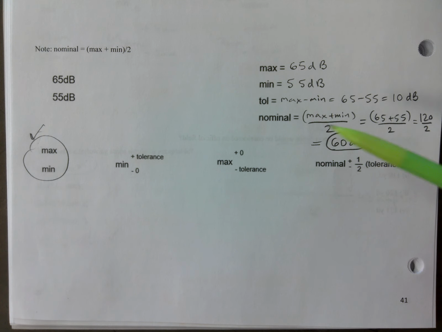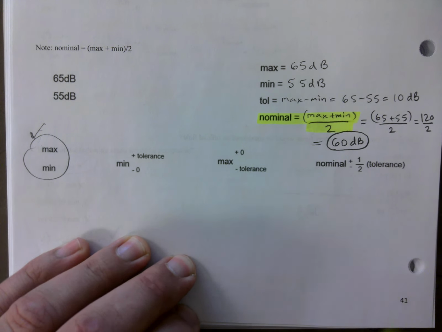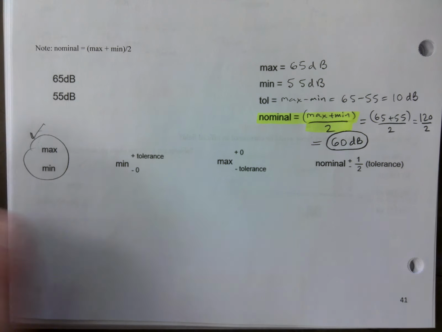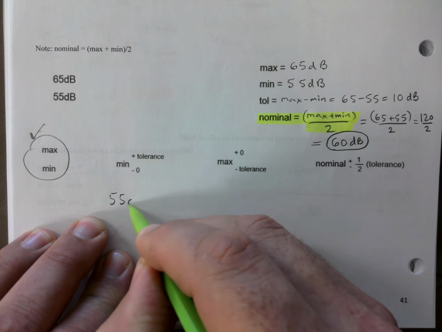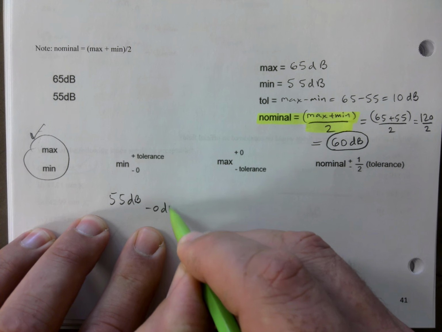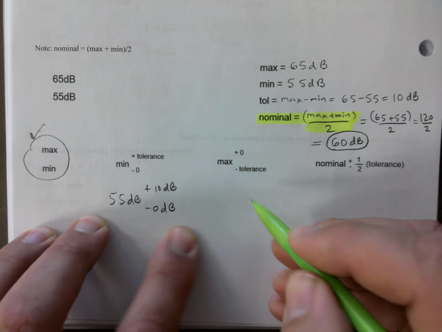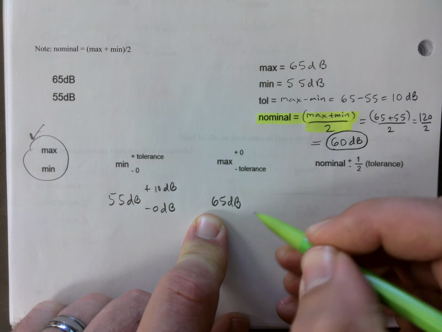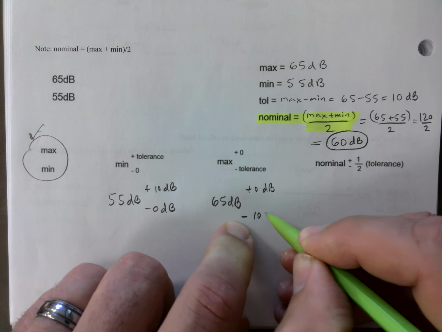There's no big number, so the nominal, so that's the weird thing here. Maybe I will highlight, right? That we had to use that formula in this case, and then rewrite it. Let's rewrite it real quick. Min is 55 decibels minus 0 decibels plus whatever the tolerance is, which is 10. This one calls for the max, so 65 plus 0 decibels minus 10 decibels.